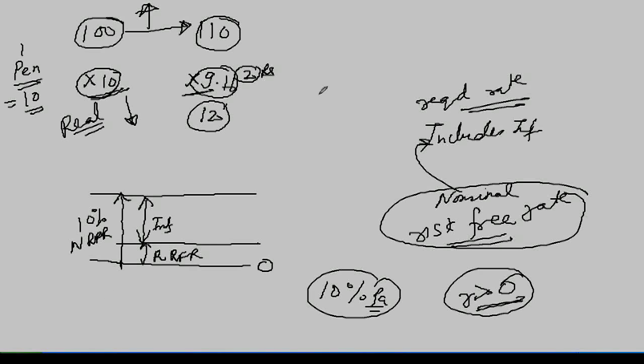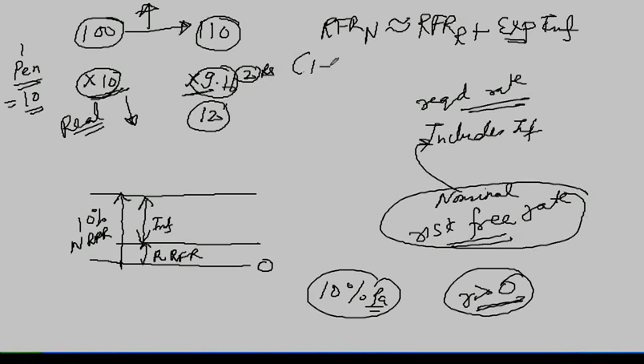Roughly we say that the nominal risk-free rate is roughly equal to the real risk-free rate plus, please note, not the actual inflation but the expected inflation. That is, the expectation of inflation of the people.